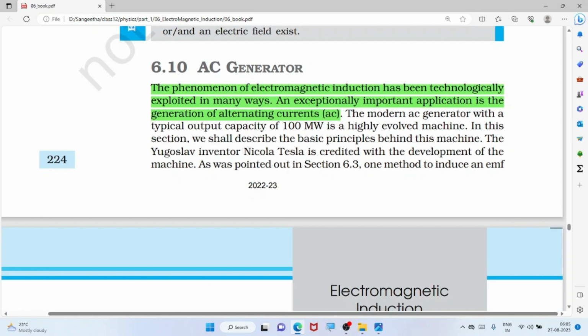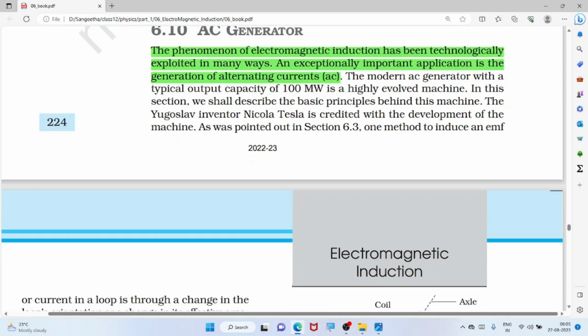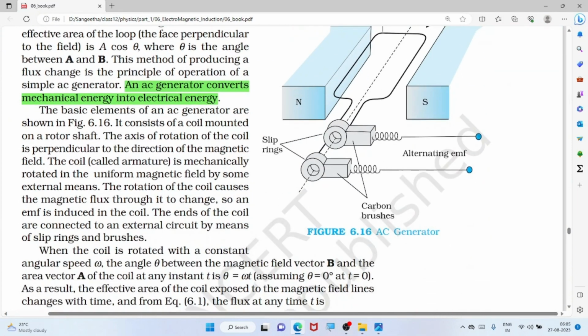AC generator. The phenomenon of electromagnetic induction has been technologically exploited in many ways. An extremely important application is generation of AC. So here, by rotation, how the EMF changes.